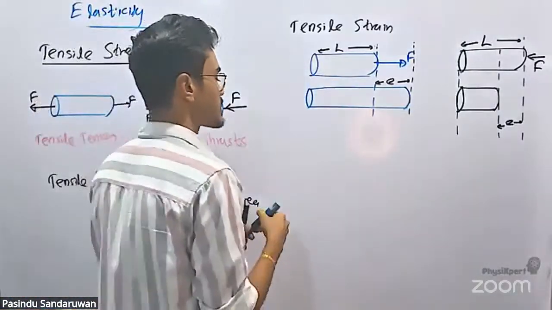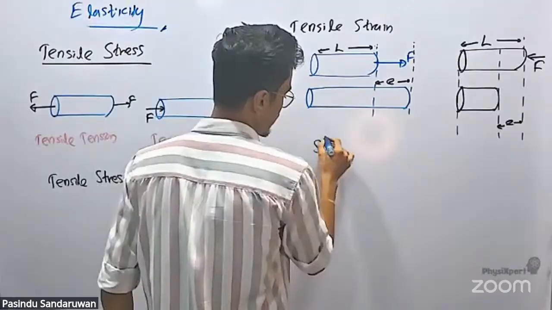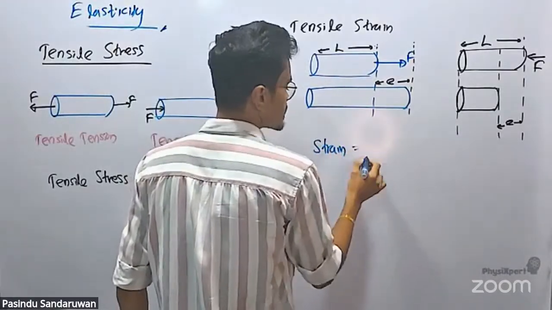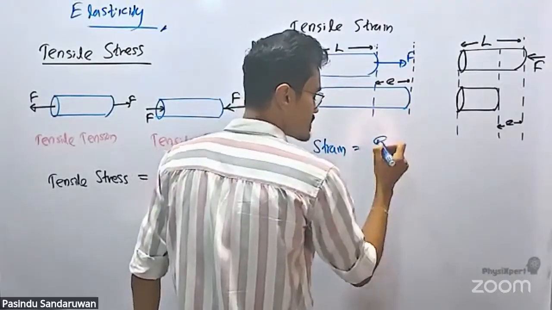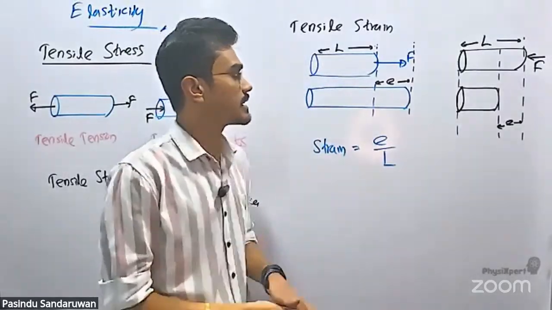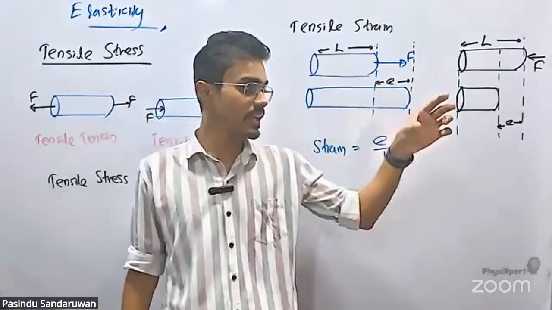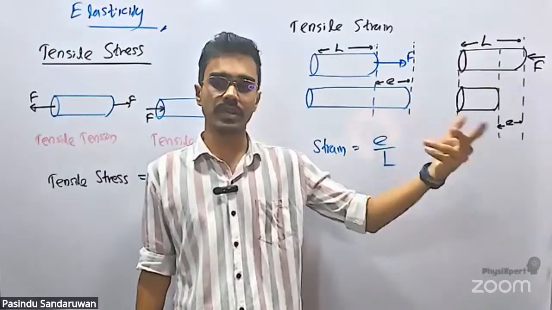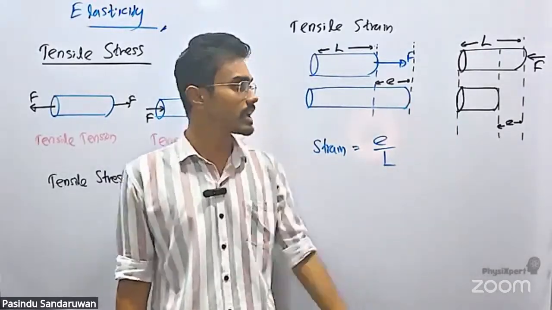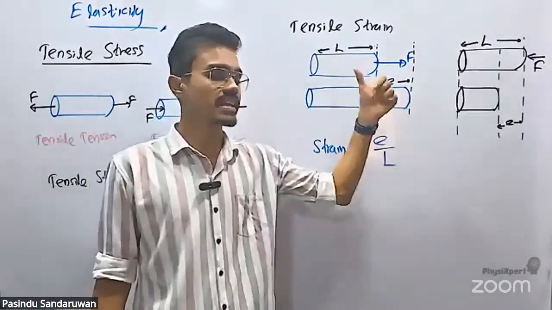Now we know strain is extension over initial length, E over L. Tensile strain is the strain due to a tensile force. Strain is E over L, where E is extension.